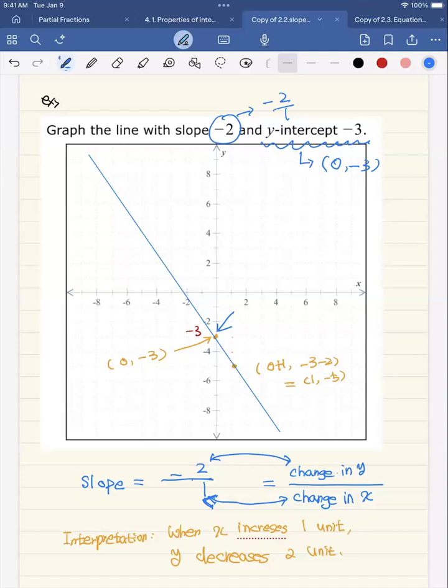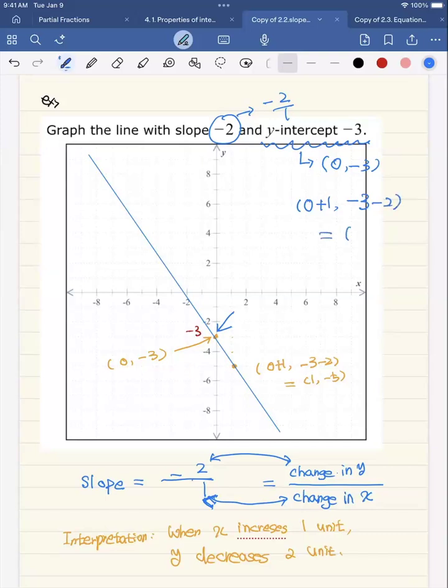Algebraic interpretation of this slope is when we change x by 1, we add 1 to the x-axis coordinate, and y coordinate is -3, but y changes by 2. So we have to add -2 here.